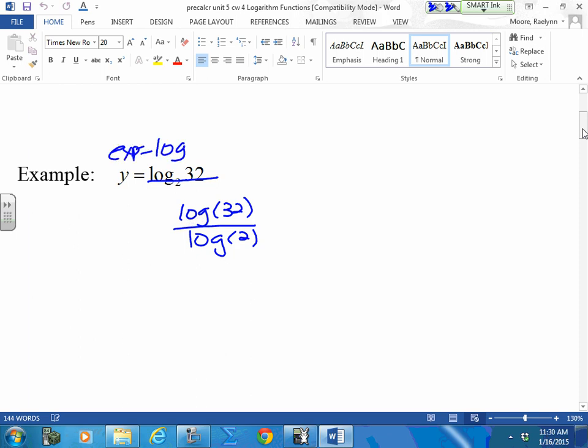The base of your log is 2. Your exponent is y equals 32. And 2 raised to what power will give you 32? 5. Which is exactly what this one will give you. 5.